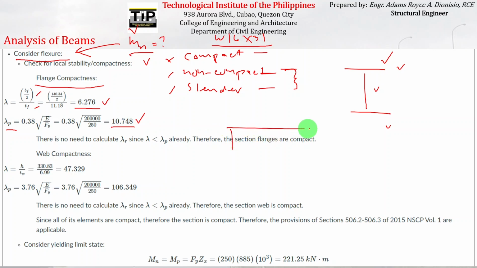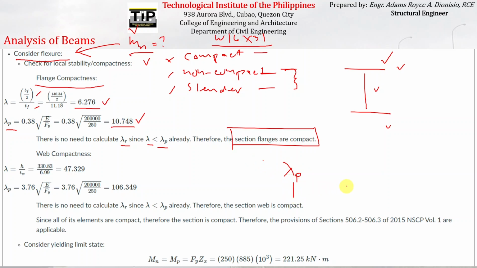We can say that the section flanges are compact, since the width thickness ratio is less than the limiting width thickness ratio for compact section components. We don't need to compute for lambda r anymore since we already found out that the value of lambda is less than lambda p.